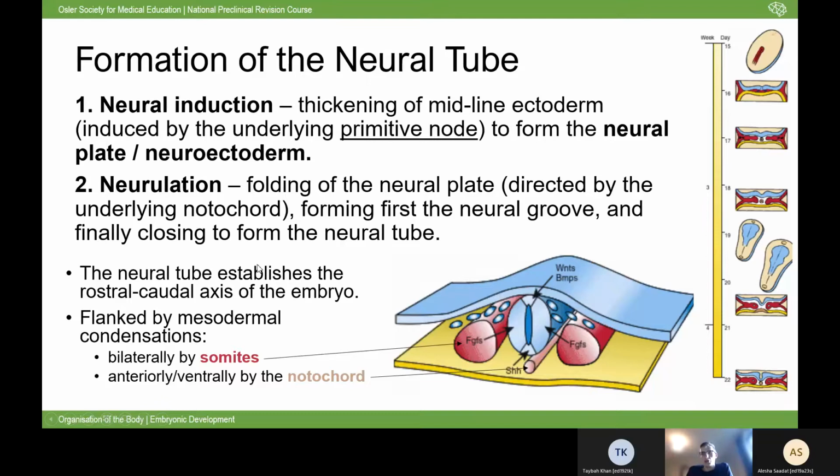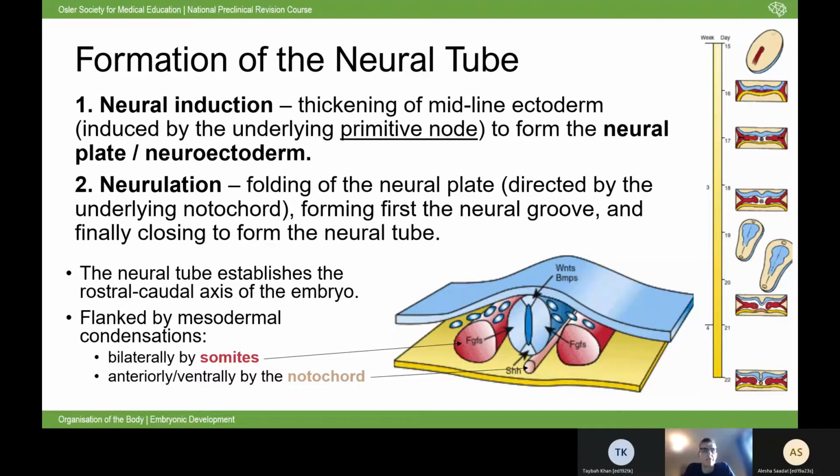All right, so we have gastrulated, we have formed a trilaminar germ disc. Another important process that happens during very early development is neurulation and the formation of the neural tube. So this again involves an epithelial to mesenchymal transition, not too dissimilar to the way that we saw epiblast cells piling up during gastrulation.